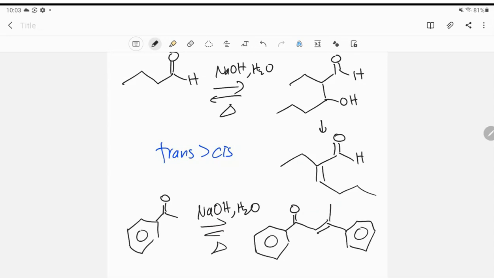So our phenyl group will be trans to the other acetophenone component of this. Worst case, just do the mechanism. Mechanism will get you the right beta hydroxy ketone, and then you can just remove the OH and replace it with a double bond with the alpha carbon.